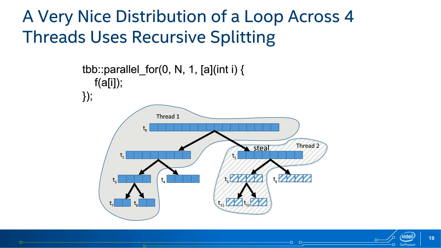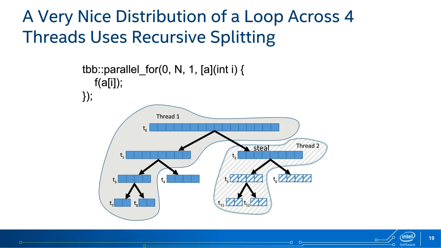The important thing to note here is that thread 2 made a really good choice about what to steal. If you think about what's happening in our loop, we are processing an array. Because of the way memory and caches are organized, you would want each thread to operate on a contiguous set of values.